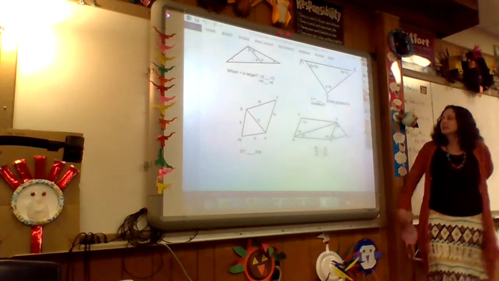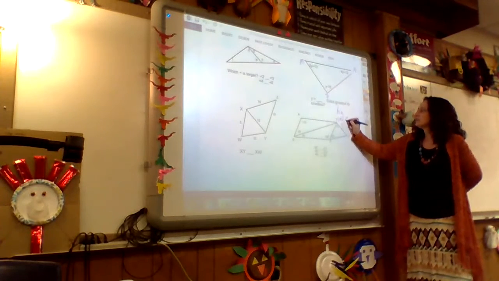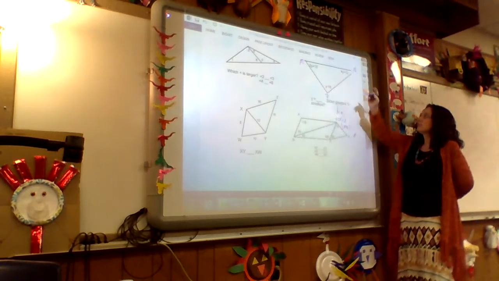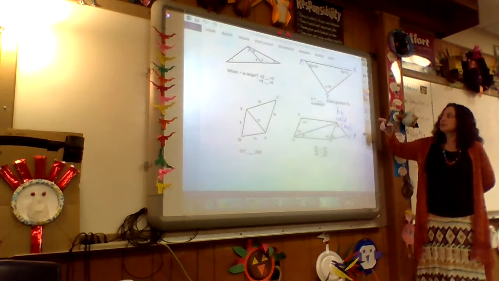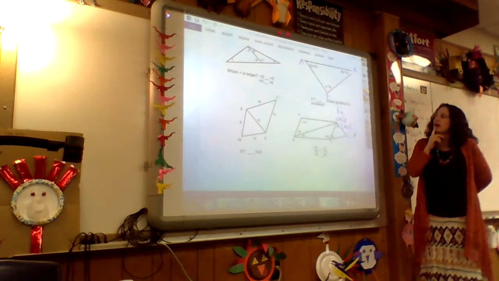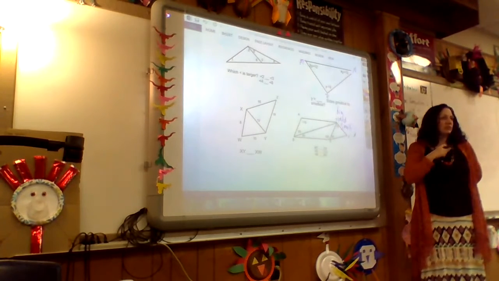In order to name the sides from largest to smallest, in terms of MP, PN, and MN, I'm not just going to go by the looks, I'm going to have to find the numbers that are involved here.